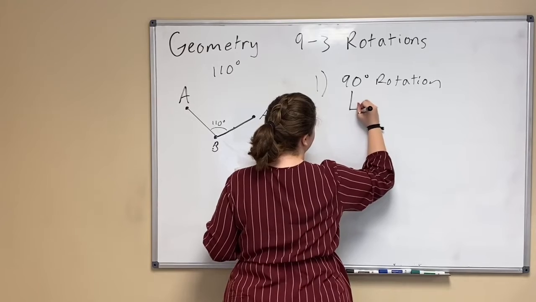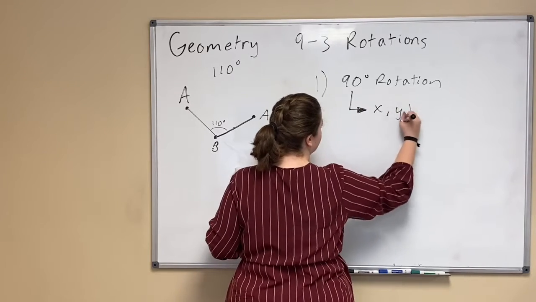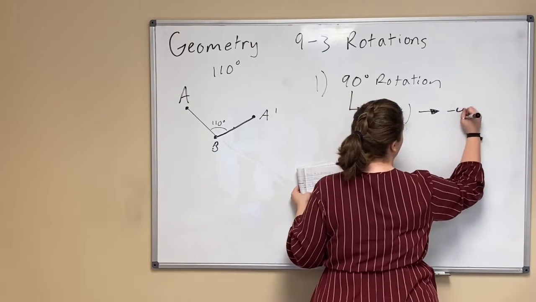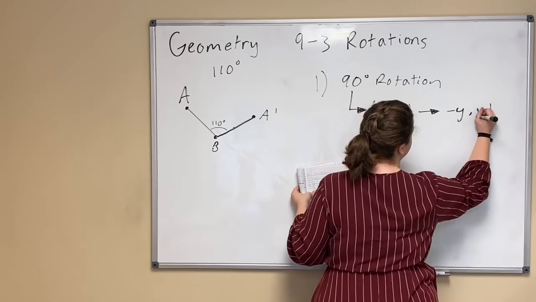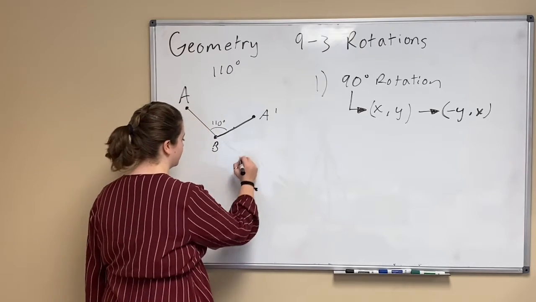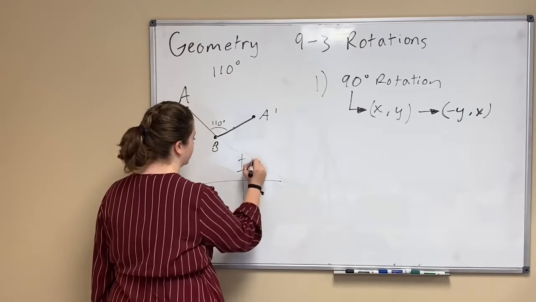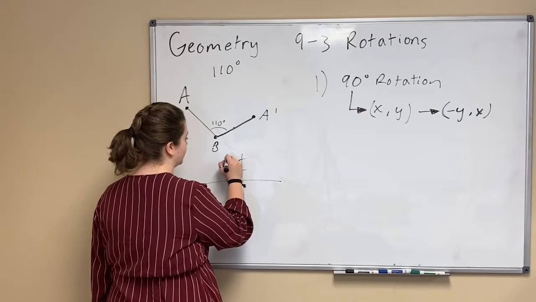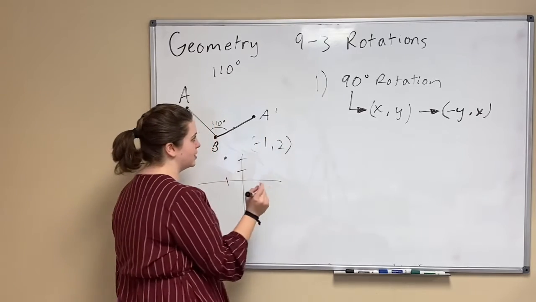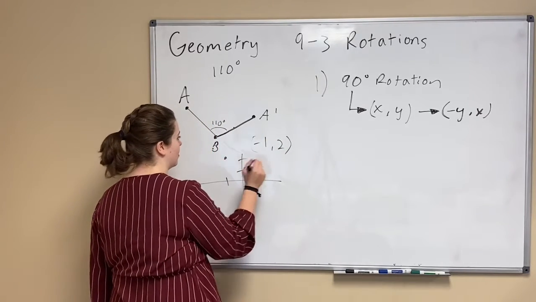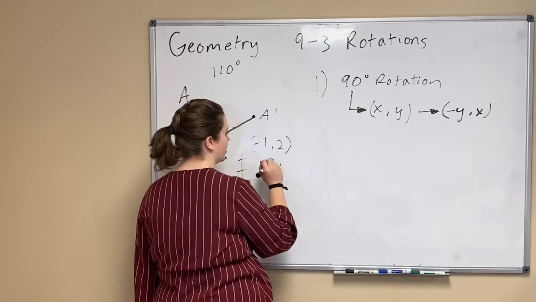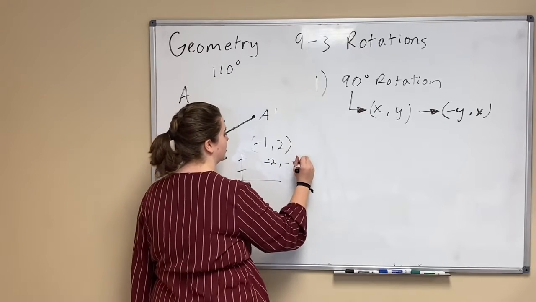So if we have a 90-degree rotation in the coordinate plane, our original point, (x, y), will become (-y, x). So whatever our original point was, if I had a point at (-1, 2), when it's rotated 90 degrees, it will become (-y, x), so (-2, -1).